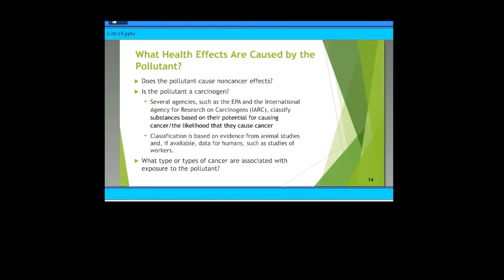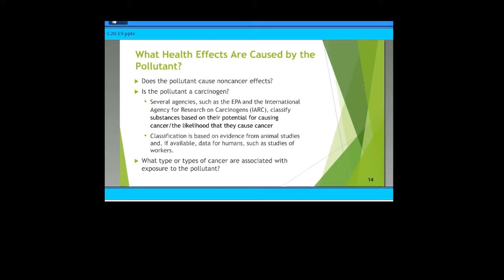When we do that first step, the health effects, which sometimes we call the hazard characterization or hazard assessment, we ask a couple questions. Does the pollutant cause non-cancer effects? Examples of non-cancer effects include respiratory effects, trouble breathing, or effects to the nervous system. We also ask, is a pollutant a carcinogen?